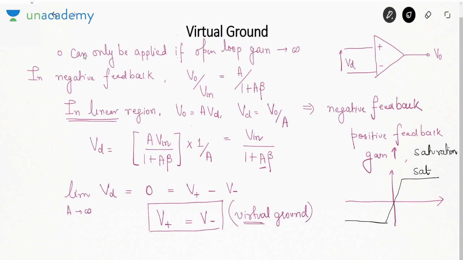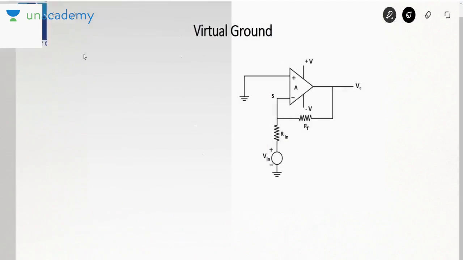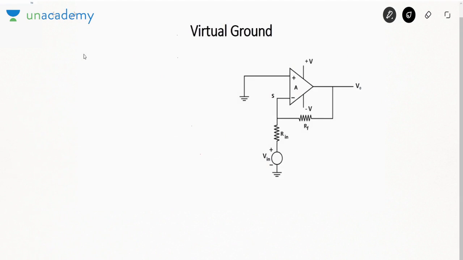When can we apply the concept of virtual ground? We can only apply the concept of virtual ground in the linear region, and the linear region is only observed in negative feedback. Let me take an example of how you can use this virtual ground concept. In this circuit, positive voltage is 0. What kind of feedback is there? See, this feedback is connected to the negative terminal.